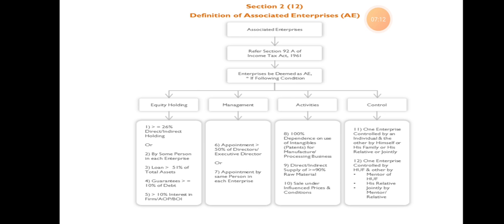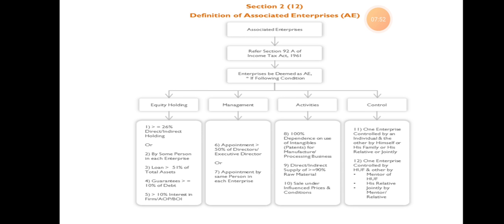If we come to activities, here 100% dependence on use of intangibles, that is intangible rights like patent rights and copyrights, for manufacturing, processing or business. And secondly, direct or indirect supply of more than or equal to 90% of raw material. And if you come to sales, it means sales under influenced prices and conditions. If these terms are covered under activities, then such an activity is deemed to be an associated enterprise.